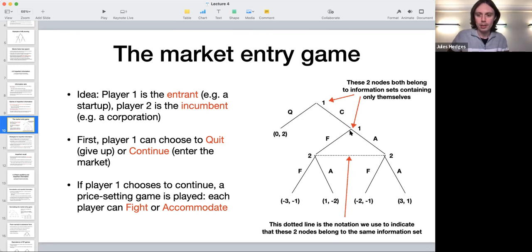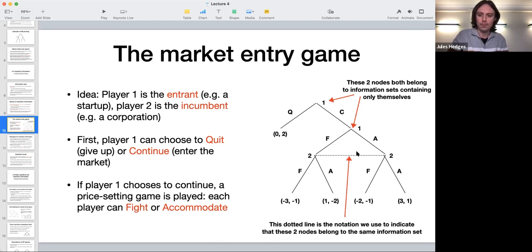Both firms. So if the entrant chooses to enter the market, then both firms are going to have to choose 2 actions, which are fight or accommodate. And here, we're going to say that the entrant is going to move first, but then in either case, the incumbent is going to have to choose, and they don't know, when they choose, whether the entrant has gone here or here.